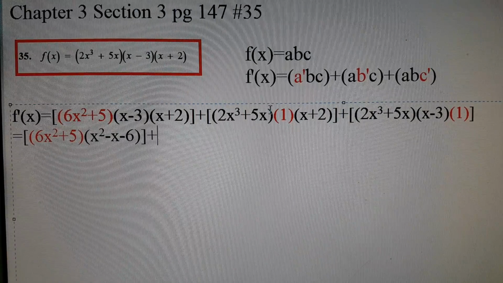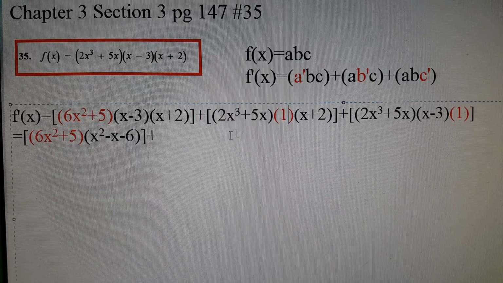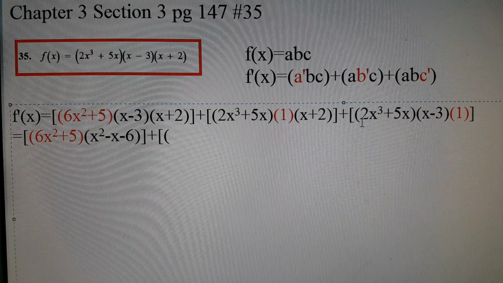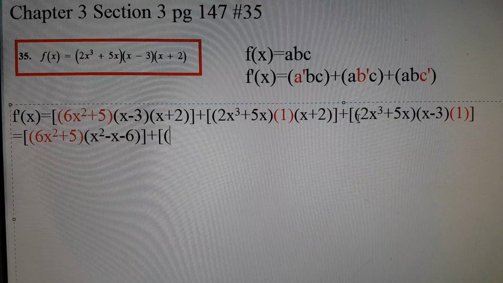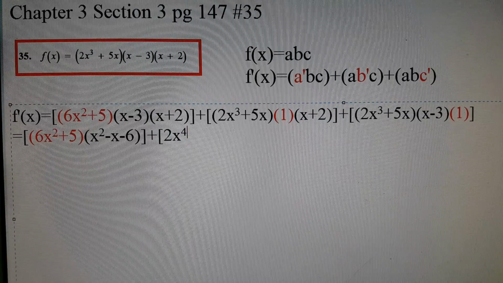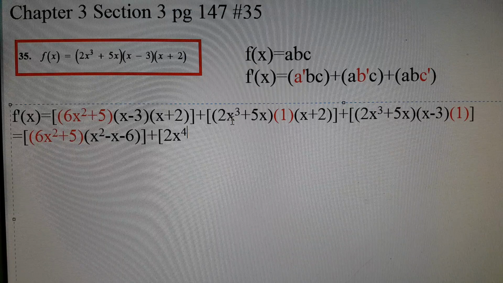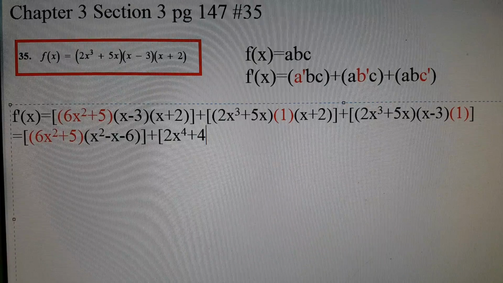Then we can multiply these together. We can just ignore this 1 entirely because it's just 1. So 2x to the third times x is 2x to the fourth. 2x to the third times 2 is 4x to the third.